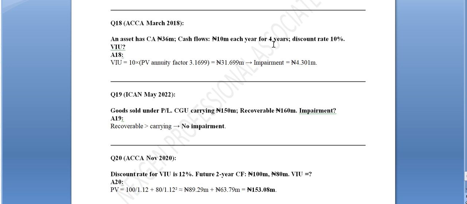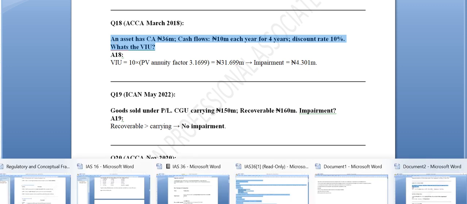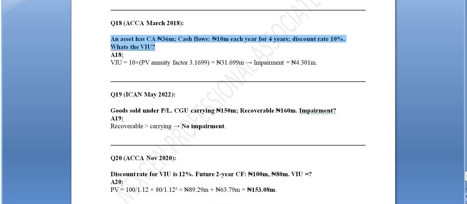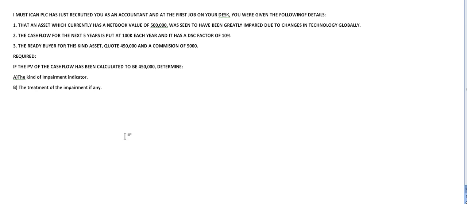You credit the asset with the impairment loss, which is 50,000, and you debit P&L with 50,000 as expense, which is the same impairment loss. Okay.